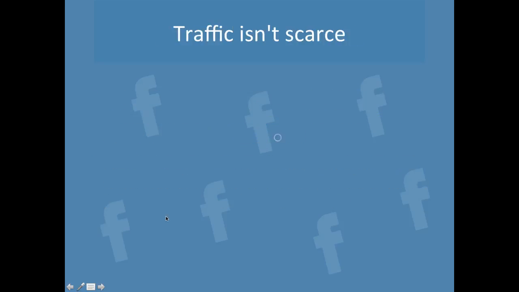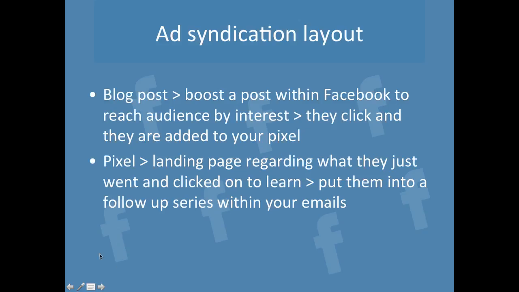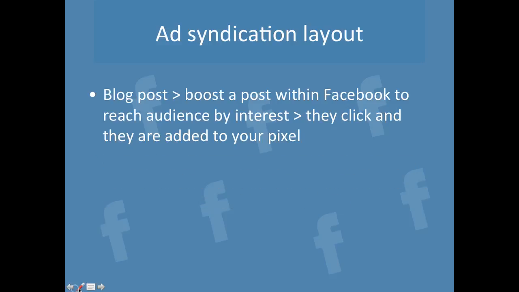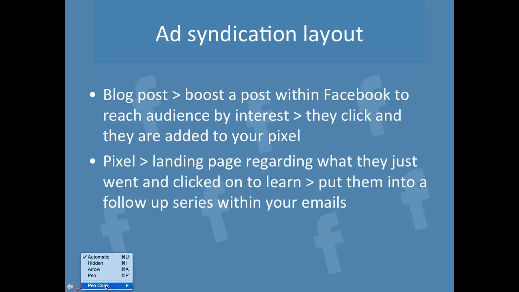This pixel right here is the pixel that is linked up with your blog post. Alright, does that make sense? So again, this pixel is just this pixel. I just moved it over to a new line. So the pixel is going to be from your blog post.